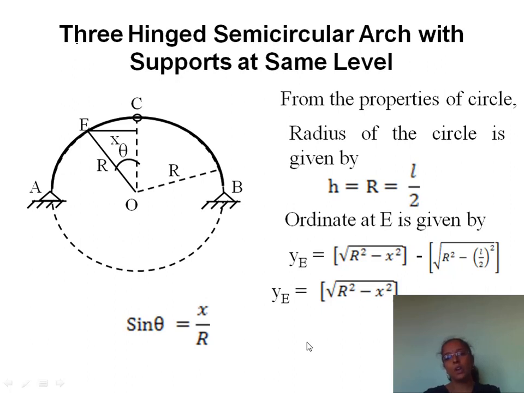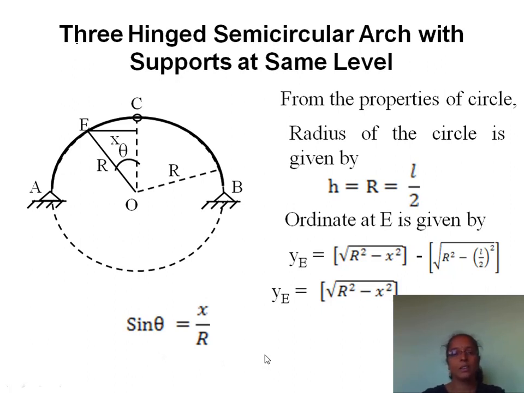So these things you have to keep in mind to solve a semicircular arch which supports at the same level. That is, rise is equal to the radius as well as half of the span, and the ordinate of any point is given by root of R square minus X square, where X is always measured from the center of the circle, and also sin theta is equal to X by R.